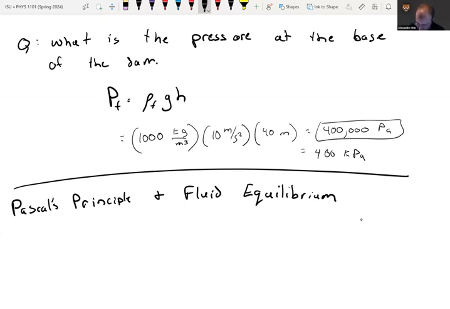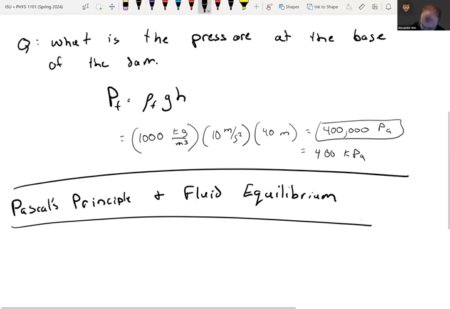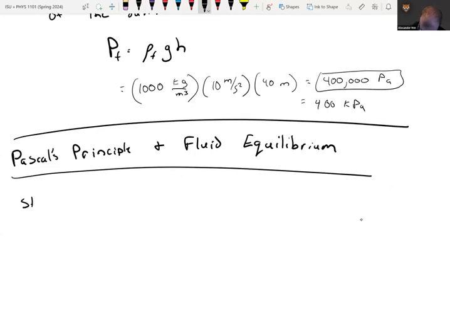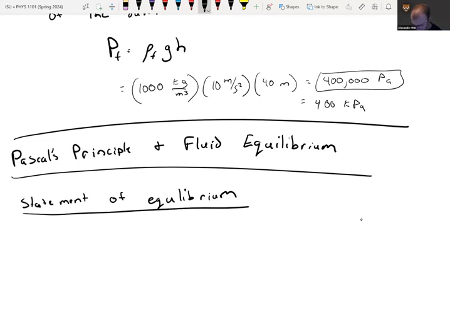To start off, I'm just going to give the statement of equilibrium. This might seem obvious, but I'm also going to give a couple of examples about why this is a relevant discussion of equilibrium.